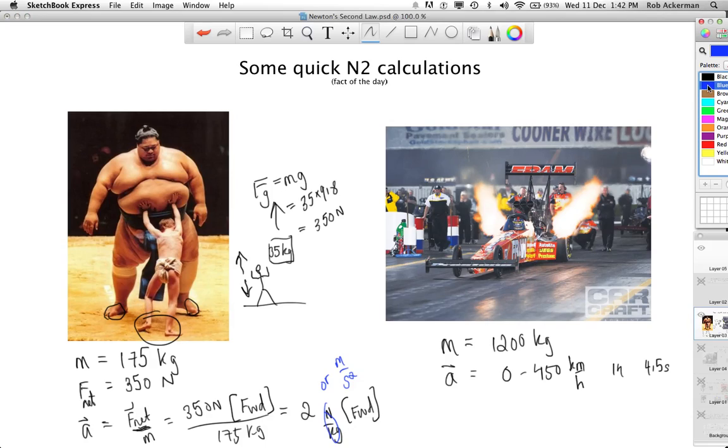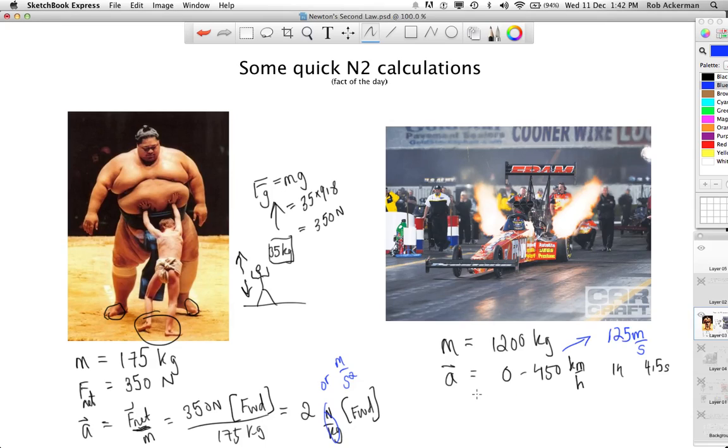So then I did a little bit of math, and I've unfortunately forgotten the exact numbers, but I'm going to get out my calculator right now. I'm going to convert this to meters per second by dividing by 3.6, so 450 divided by 3.6. I get 125 meters per second. You all remember how to convert from kilometers per hour to meters per second, right?